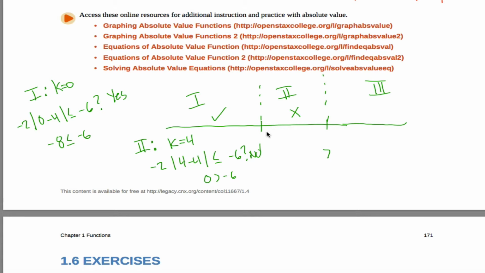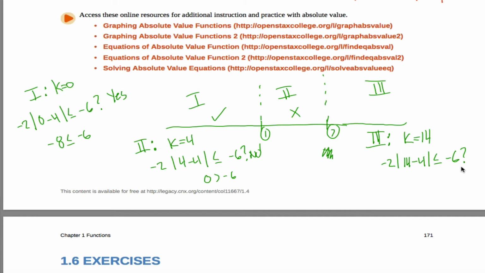What about region 3? Pick any number you want that's greater than 7. I don't know, 14. Is it true that -2 times the absolute value of 14 minus 4 is less than or equal to -6?